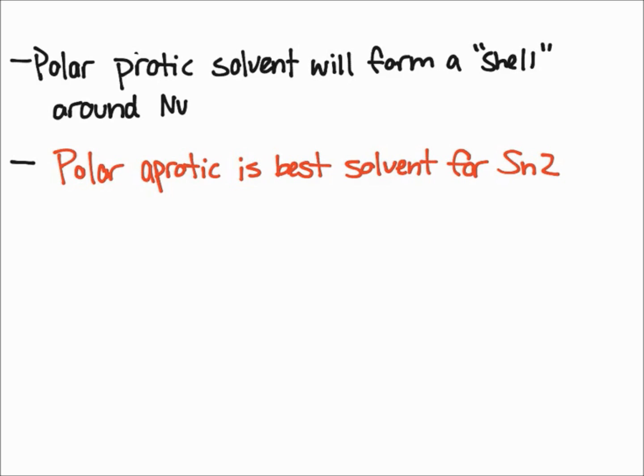The most important thing that I think you need to take out of this video is that for SN2 reactions, polar aprotic solvents are the best. You want it to be polar in order for the solvent to stabilize the transition state of the SN2 reaction. And you want it to be aprotic because you don't want the intermolecular forces, which are the hydrogen bonds that need to be broken before an SN2 reaction can occur.